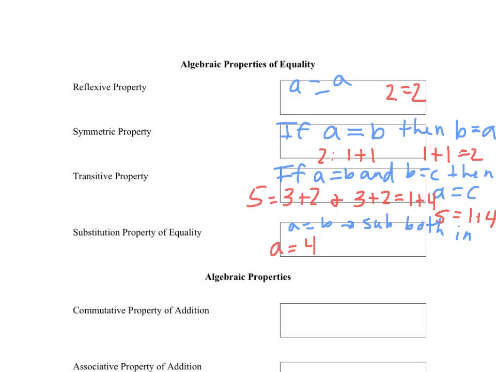Okay? So then if I have this other statement over here saying 4A, then because A equals 4, I can take 4 and plug it in for my A. So 4 times 4 gives me 16. So these two statements are equal to one another because of the substitution property. Okay?